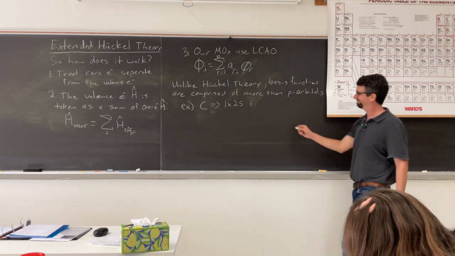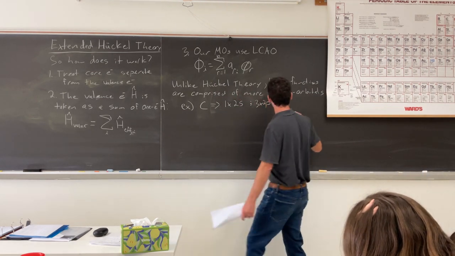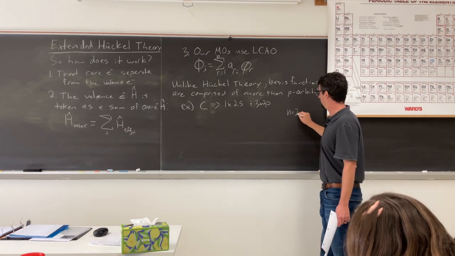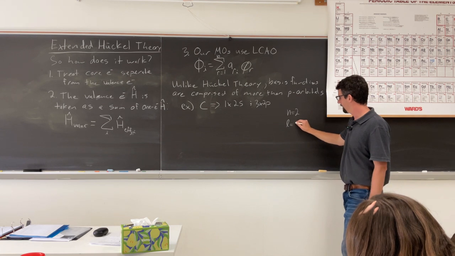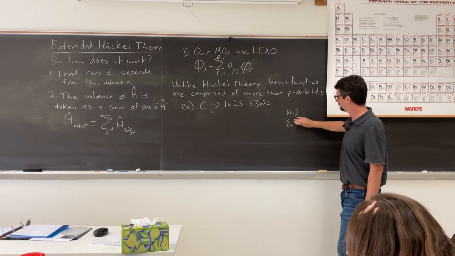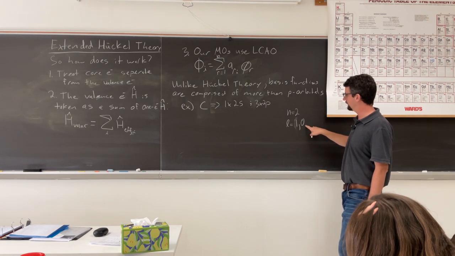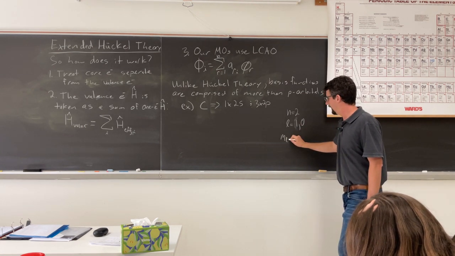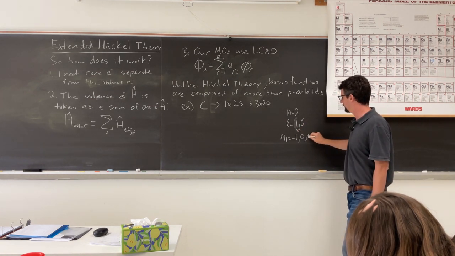3. Why? Remember, n is equal to 2. What are the possible values of L we could have? 1 and 0. 1 means p, 0 means s. For ML, if we have that one, positive 1.